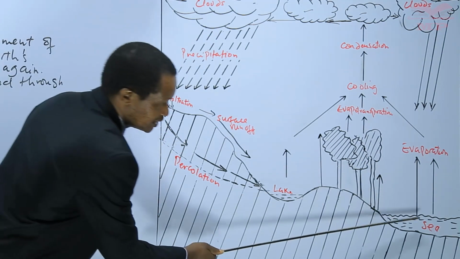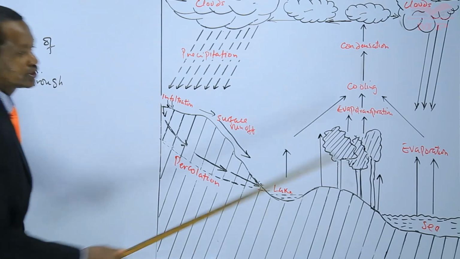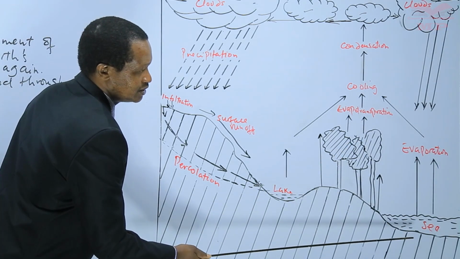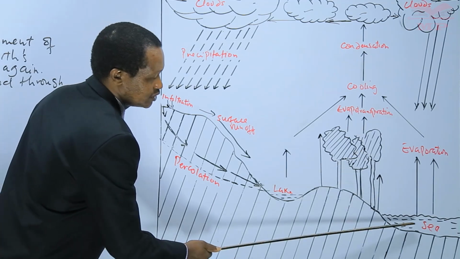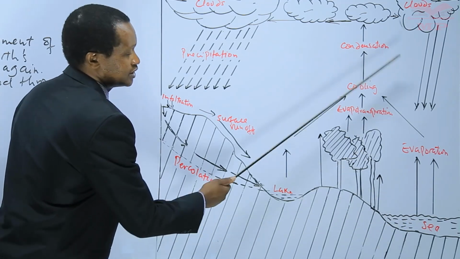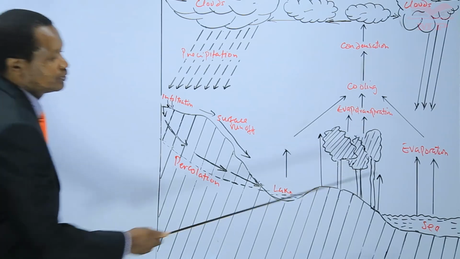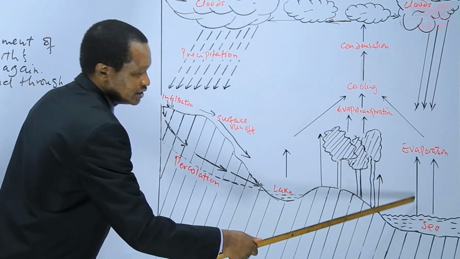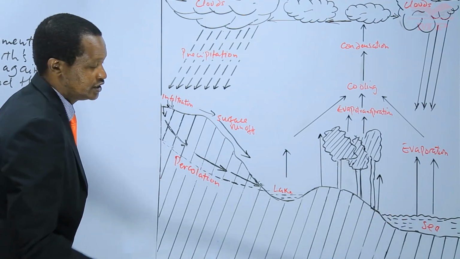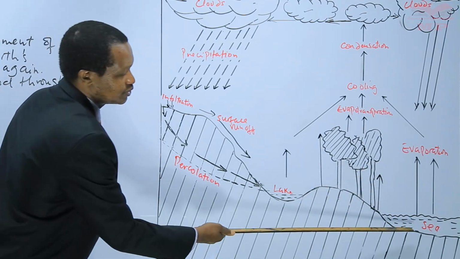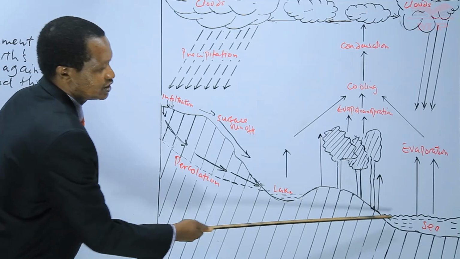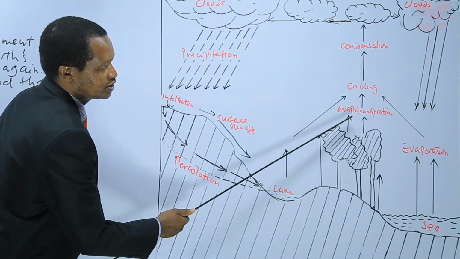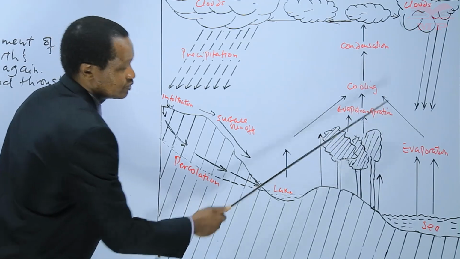This is where we began, learners. We say that water that is in the seas and water that is lost through transpiration is evaporated after the sun hits on the surface of the sea and the surface of the ground. The water that is lost through evaporation and transpiration, we said, is known as evapotranspiration.